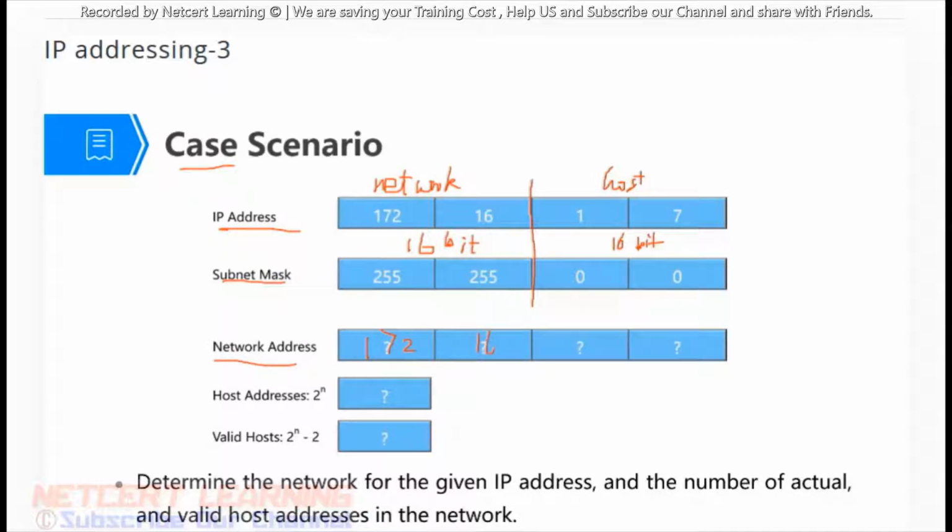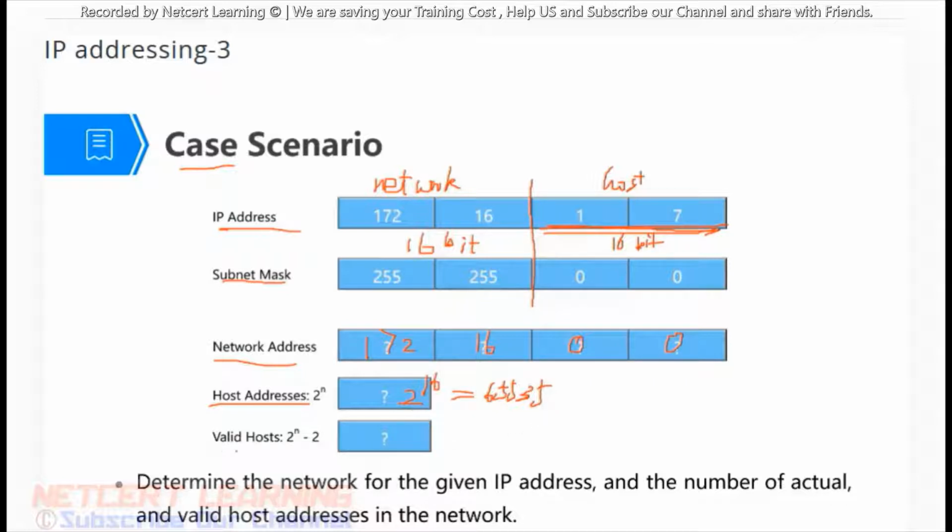And then for the host part, how many values can we choose? That's 2 to the power of 16, which is 65,536.